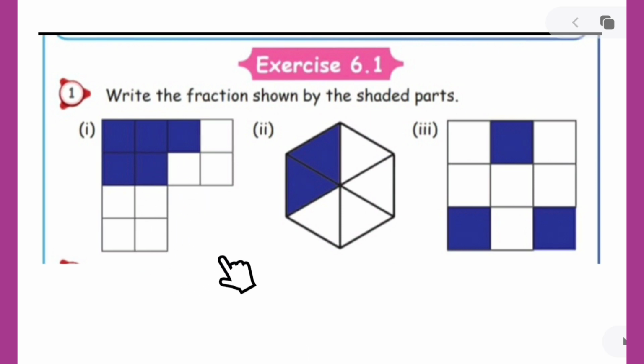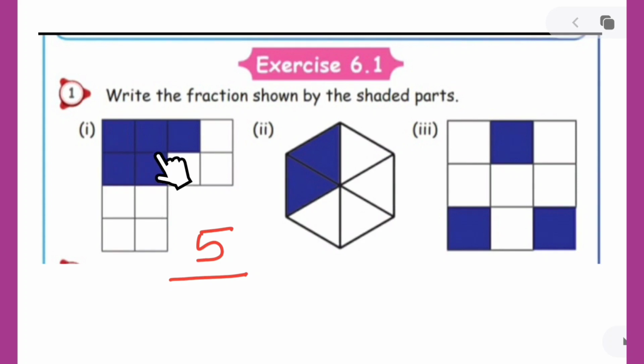The total number of boxes we write as the denominator, and the shaded portion we write as the numerator. So the shaded portion is 5 divided by the total box value.